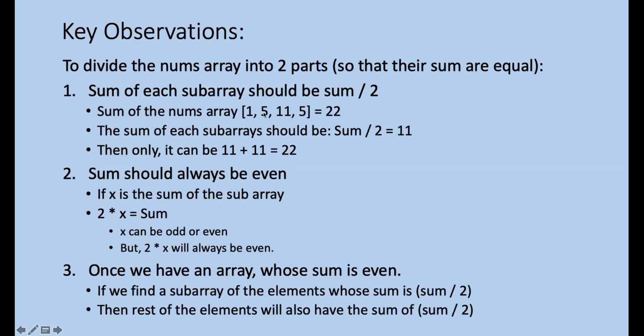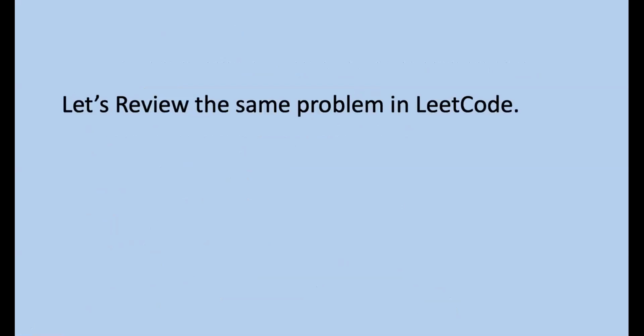If you look at this array, if I go and find any subarray that has a sum of 11, which would be 1, 5, and 5, the rest of the array should also equal 11, because to be partitioned equally, it'll be 11 plus 11, 22, right? So once we find a subarray of 11, the other has to be 11. Based on these three observations, we'll go and review the same problem on LeetCode.